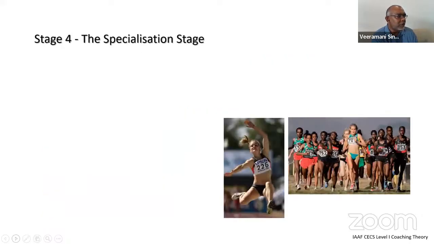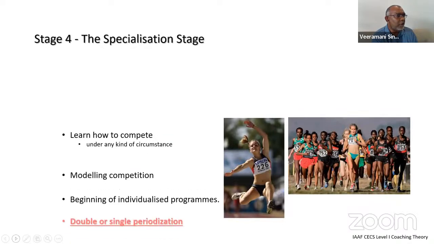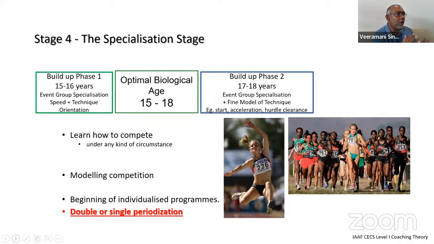Event specialization or specialization group. You have two phases. Phase 1, where you're 15 to 16 years old, is group specialization with a speed and technique orientation focus. In phase 2, 17 to 18, you go into what we call fine models of technique.